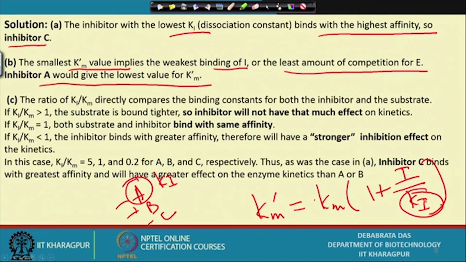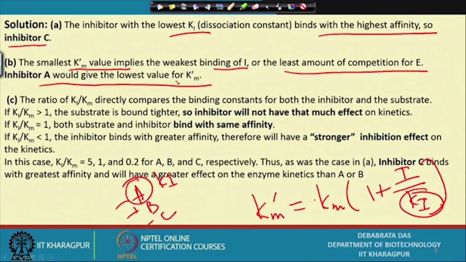So, if the value of Ki is higher, then in this case the Km dash value will be low. So, I can always say that the smallest value of Km dash implies the weakest binding of inhibitor, or least amount of competition between enzyme and inhibitor, and inhibitor A will give the lowest value of Km dash.